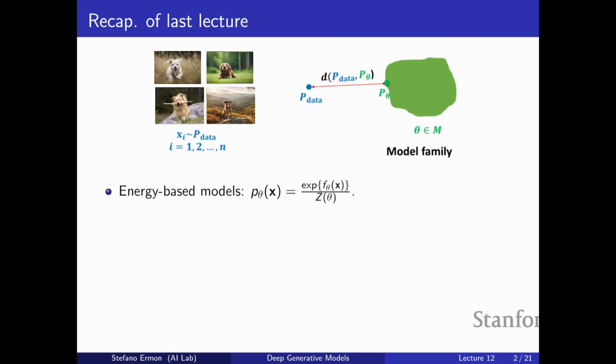Energy-based models provide you yet another way of defining a very broad set of probability distributions, and so kind of like expanding that green set, which potentially would allow you to get closer to the true data distribution. The nice thing about energy-based models is that they are defined in terms of this energy function f theta, which can basically be anything.